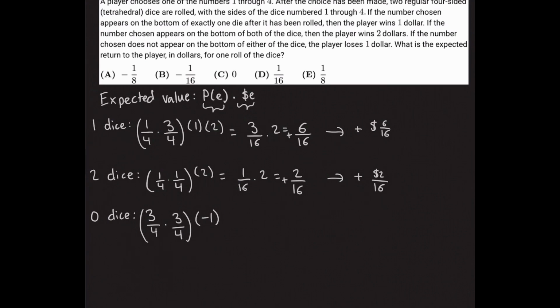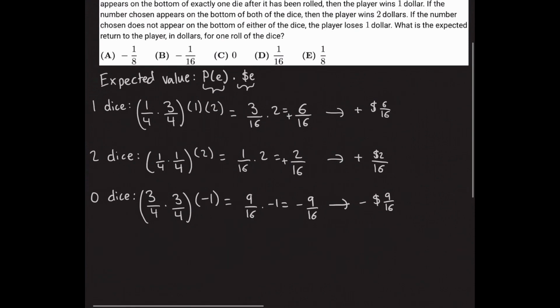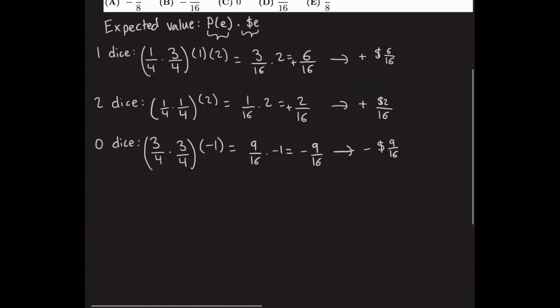Now this can happen in exactly one way, because there's no arrangement in which your number gets rolled; on both rolls your number doesn't get rolled. So this is equal to 9 over 16 times -1, which is equal to -9 over 16. So this results in you losing $9 over $16.